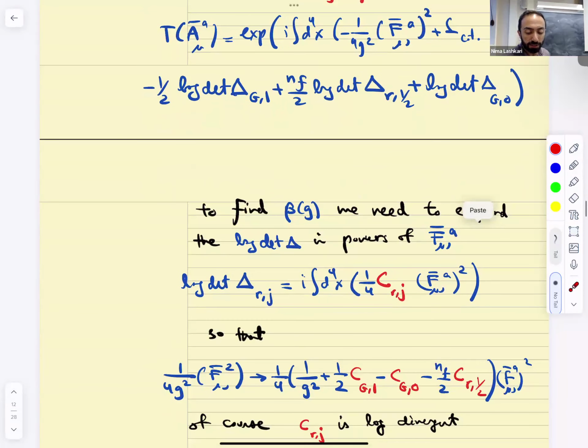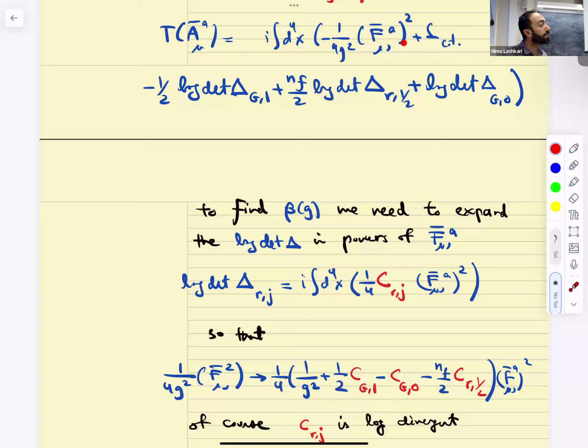It's gonna be the usual action for the background gauge field, minus half log of determinant of this differential operator for the fluctuating gauge field, N_F over 2 for the fluctuating matter fields, right? Fermions. And here's the fluctuations of the ghosts, right? All right, so this is my effective action.